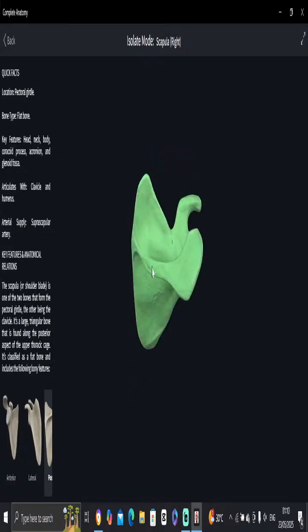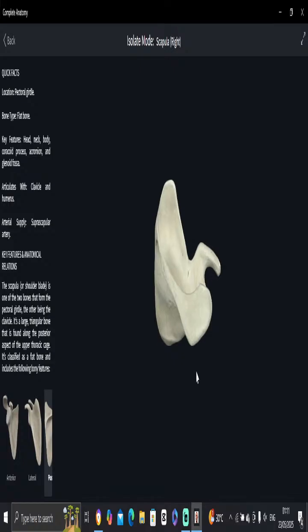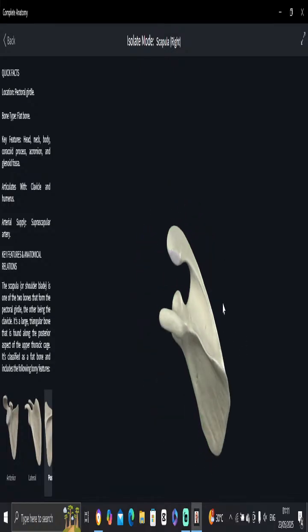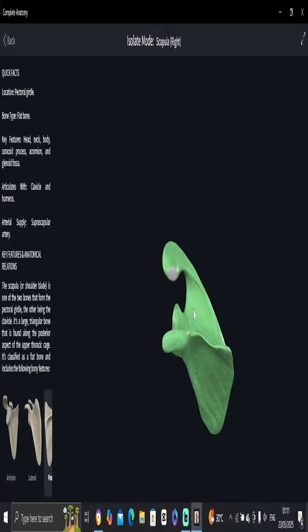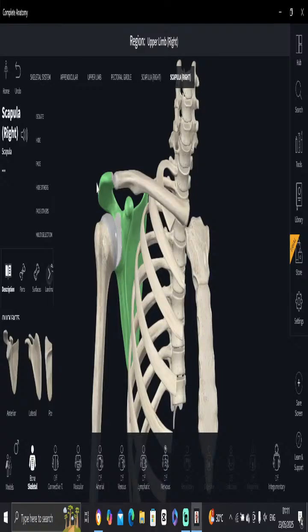The spine continues laterally into this bony prominence called the acromion of the scapula. It is the acromion that articulates with the clavicle.